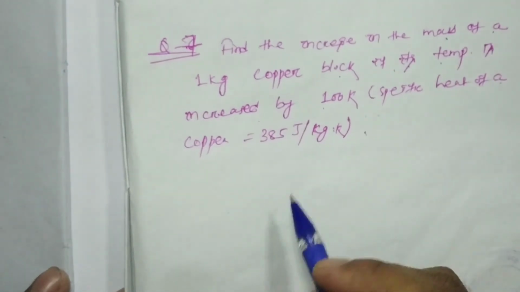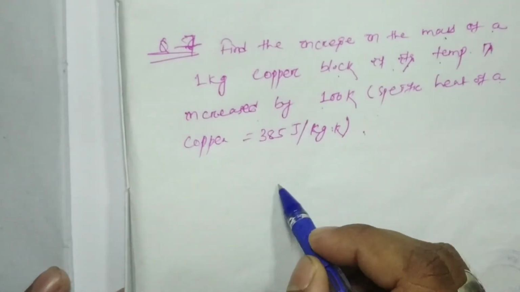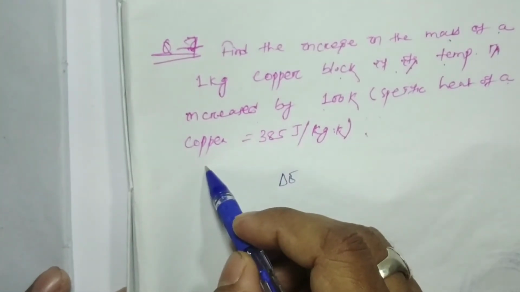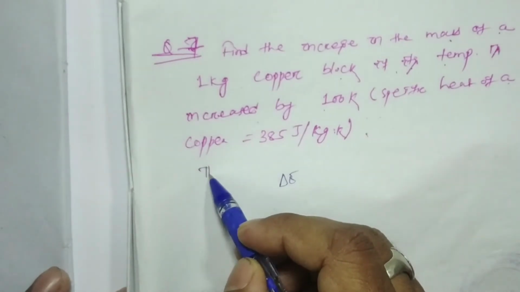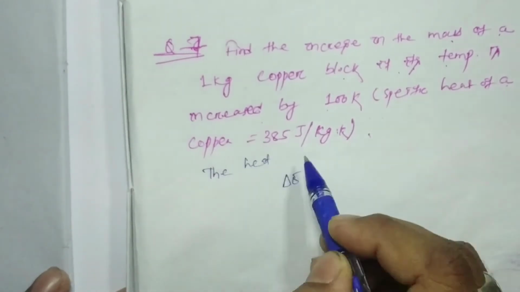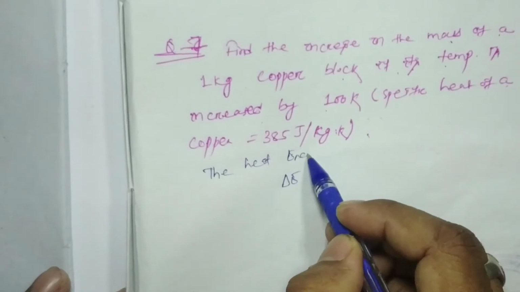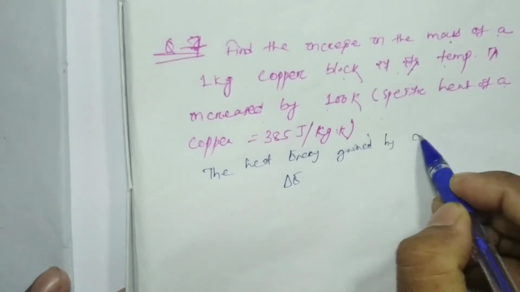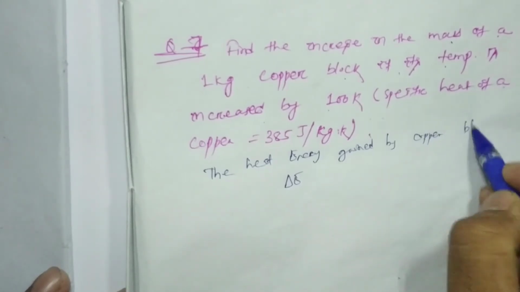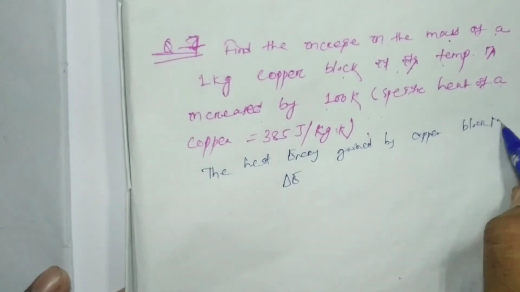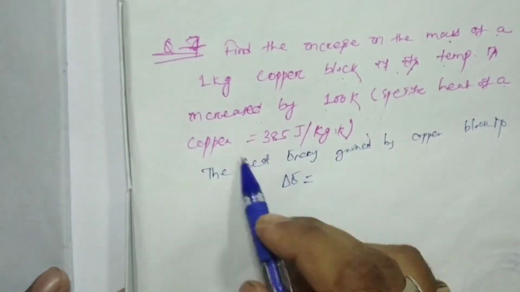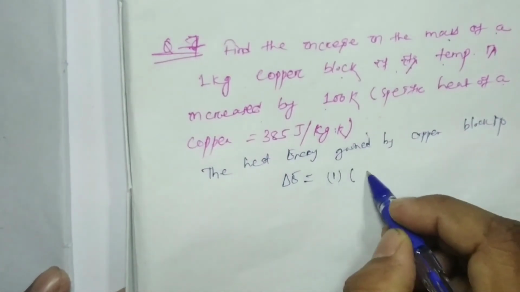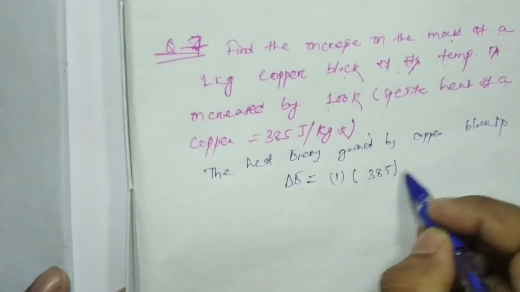So the change of energy, or the heat energy gained by the copper block, del E is nothing but m s del theta, which is 1 into 385 into 100.